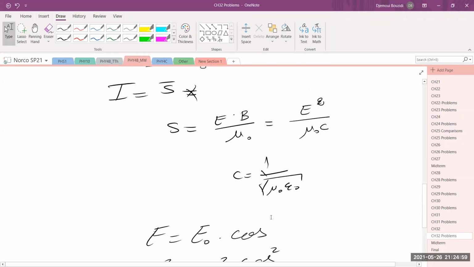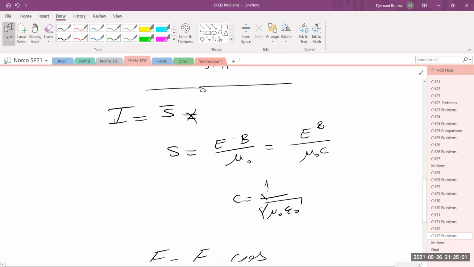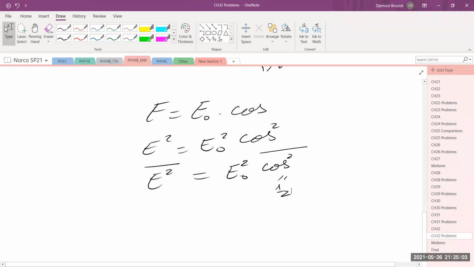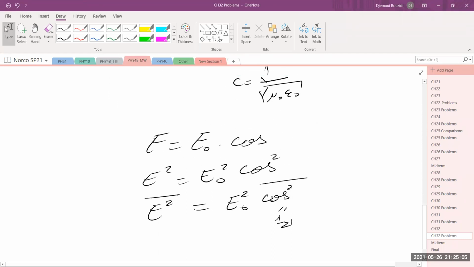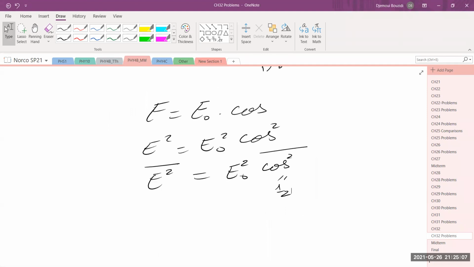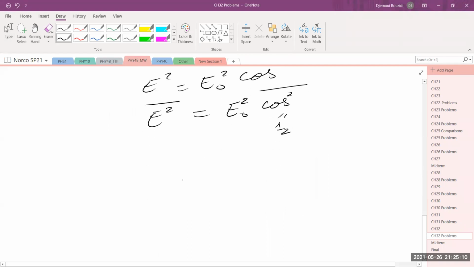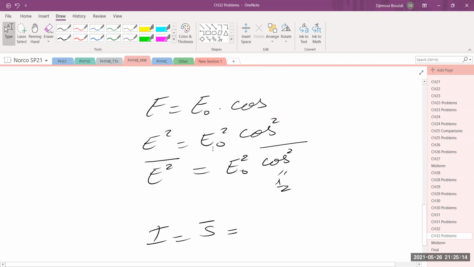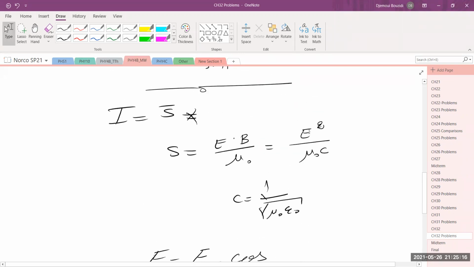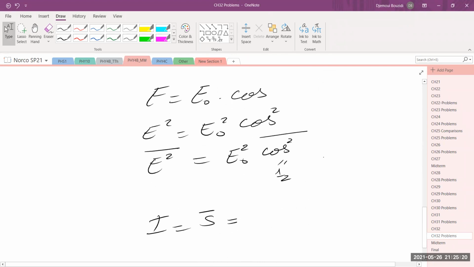So if I plug in the number in here, this S bar, which becomes just I, then I pull a half from the averaging of a cosine squared. So the formula really should be I for the intensity, which is the average of the Poynting vector, equal to 1/2 times the maximum E. So it's going to be the amplitude E naught squared divided by 2 times μ naught times C. This is one way of writing it down.